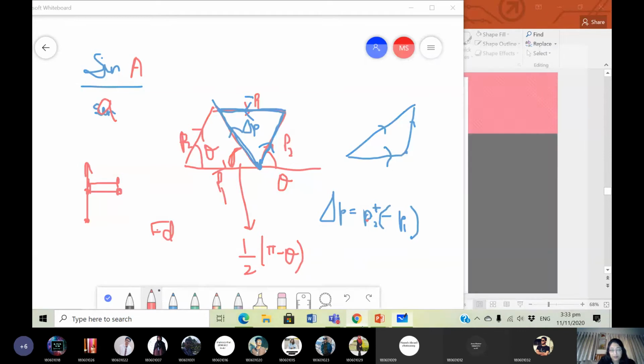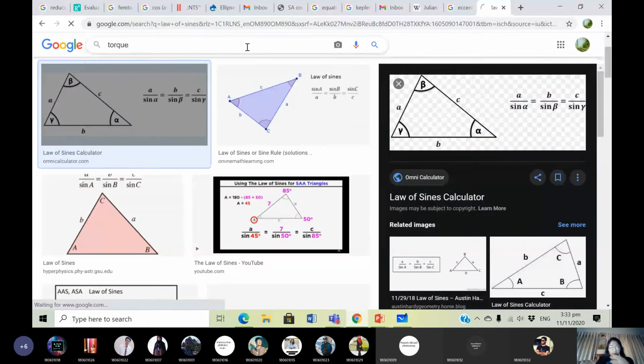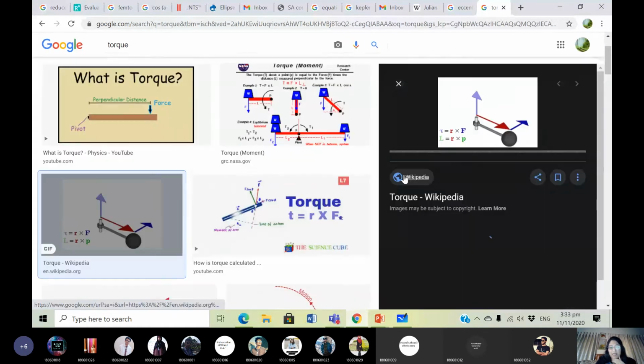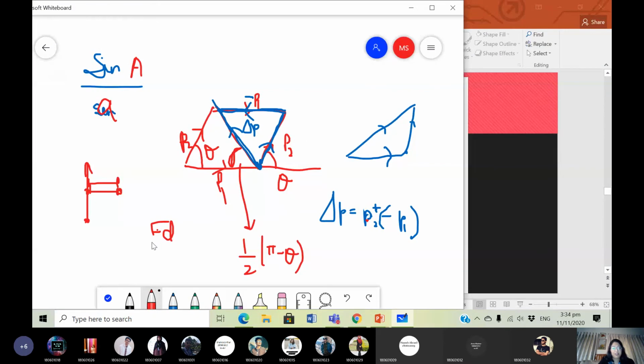Torque, wait a minute. Yes, ma'am, it's a cross product. Like if, yeah, we have the torque here, so it's R cross F, okay? You have to consider the perpendicular distance. So in our situation, the torque can be written as tau equals R cross F, okay?